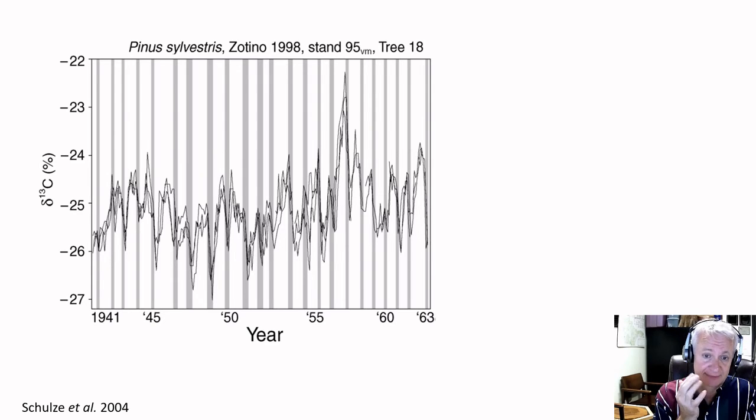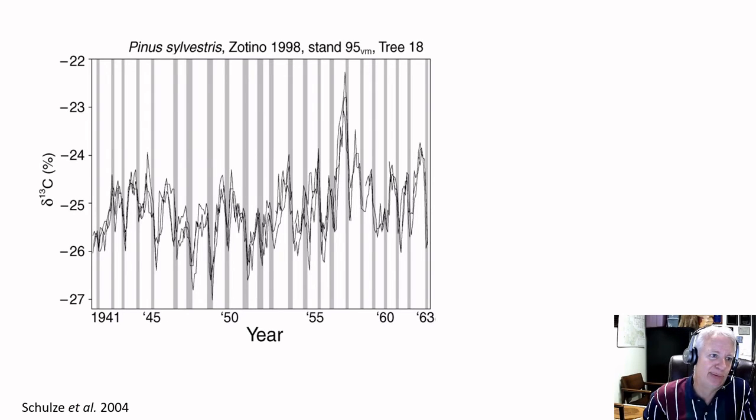And again, stable isotopes of different elements are used in many different fields, not just plant physiology. They're used in geology, food science, zoology, many fields. Very powerful. At any rate, we're going to focus on plants.